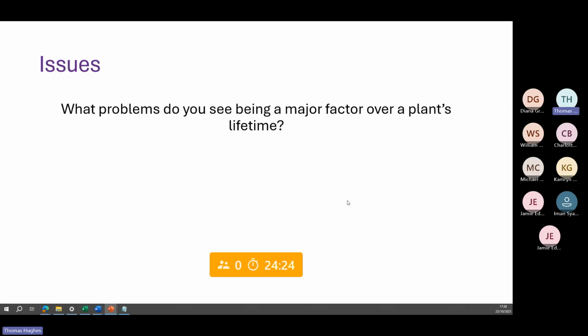Any other ideas? Mm-hmm. Of the plant would grow and have to change it.